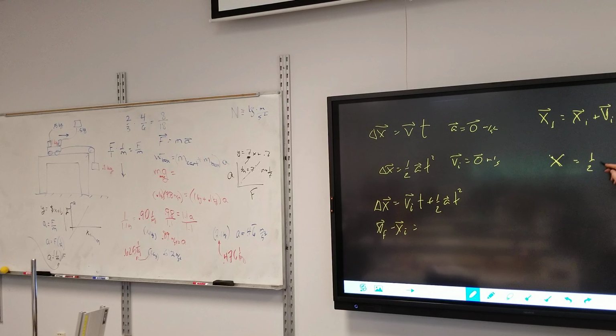So I've got 1/2 a t squared plus some initial velocity t plus some initial position. So I've got a squared term there, a linear term there, and that's basically my function.